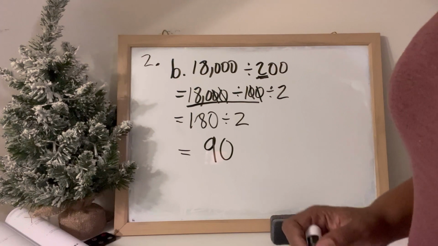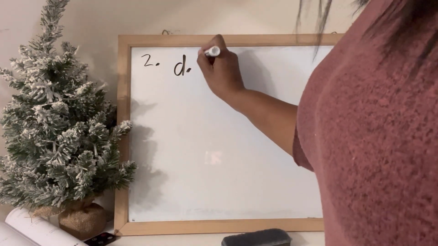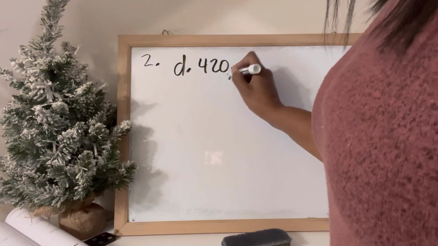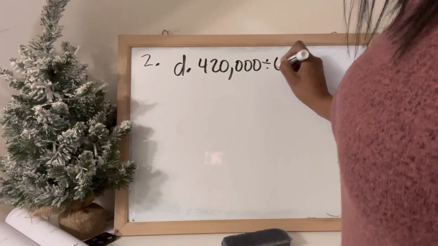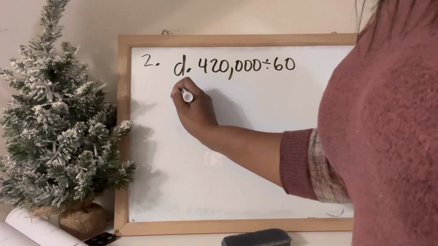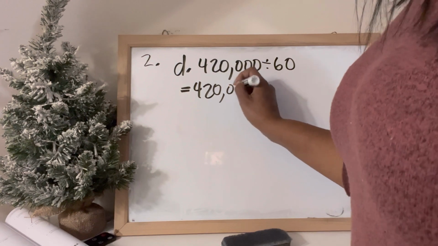So I can do another example. So D, we have 420,000 divided by 60. So we're going to write our equal. We're going to rewrite our 420,000.